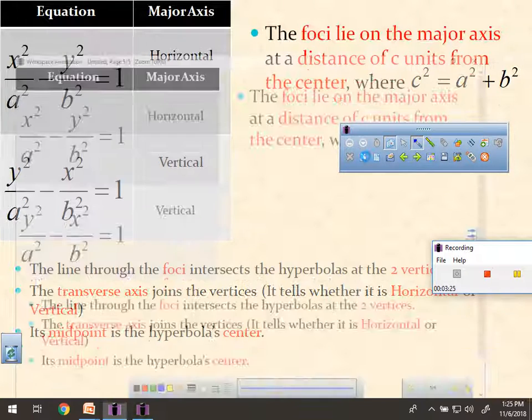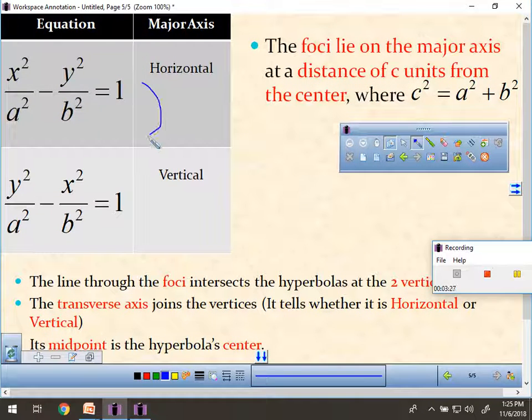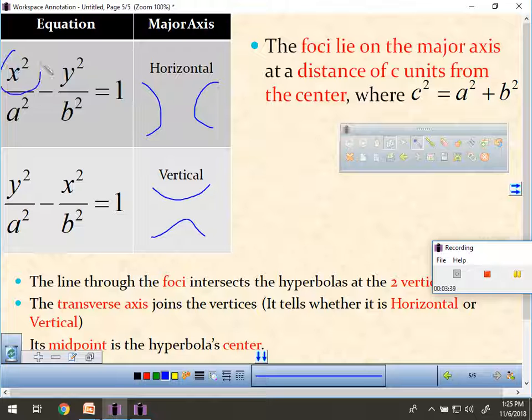What I mean by that is, is your hyperbola opening up left and right, or is your hyperbola opening up and down? The way you tell is by looking at the equation. Whichever term is positive. So in this case, you see this x squared, it's positive. The negative is with the y squared. Whatever term is positive lets you know if it's horizontal or vertical. So if the x is positive, it's horizontal. If the y is positive, it's vertical. But it's either going to open left or right, or it's going to open up or down.